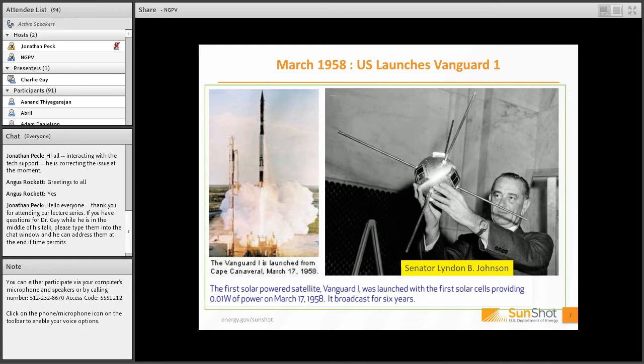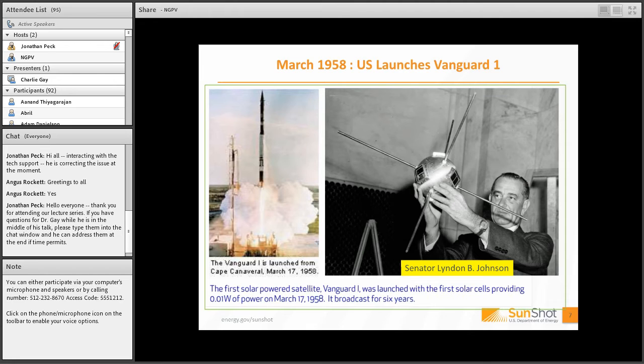What really moved things along was the Soviets launching Sputnik in October of 1957. And the U.S. then embarked upon a crash program to launch its own satellite. This satellite that you can see in the photo here is Vanguard 1, and that was launched in March of '58.